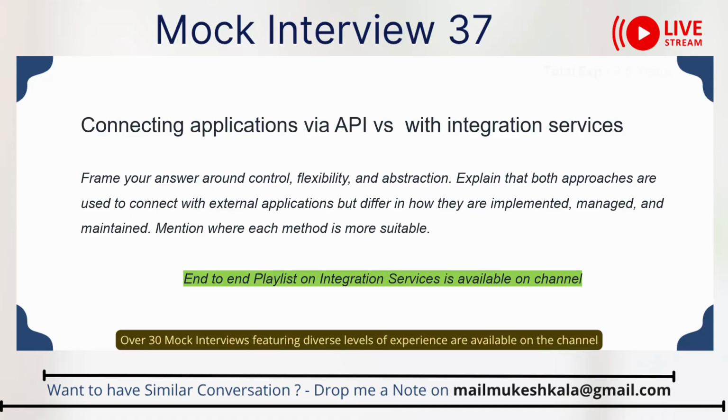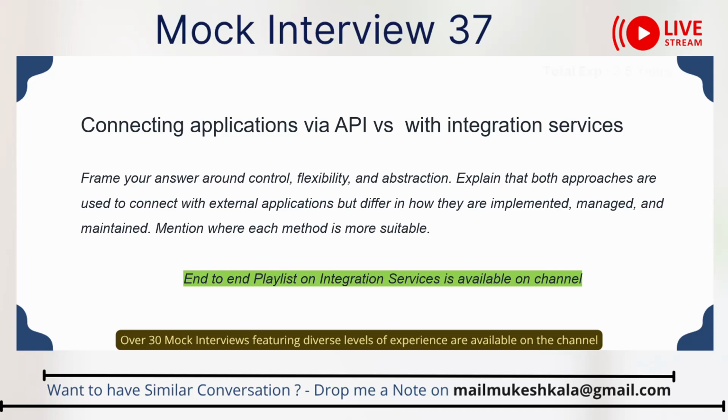For integration services, I never had a chance to work on it, but I have knowledge of it. Integration services is mainly for third party or external applications, so the robot will connect to the third party applications. If you go to the orchestrator, there is an option called integration services. With the traditional HTTP request, you have to pass the API, maybe the hardcoded API, and the authentication code.